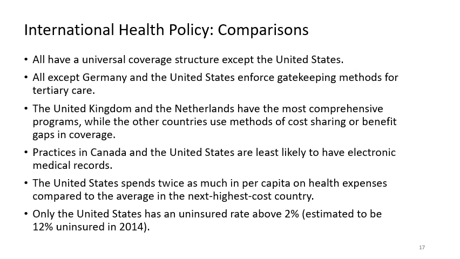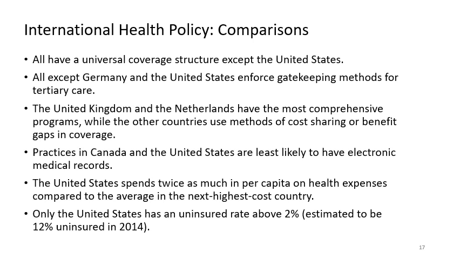All have a universal coverage structure except the United States. All except Germany and the United States enforce gatekeeping methods for tertiary care. The United Kingdom and the Netherlands have the most comprehensive programs, while the other countries use methods of cost sharing or benefit gaps in coverage.